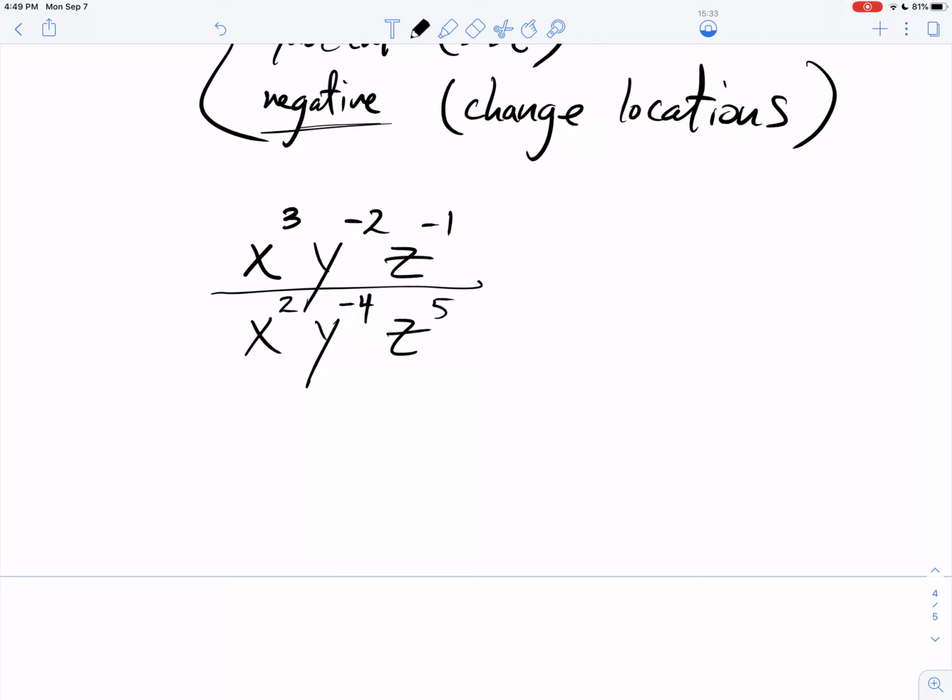Well, this guy has negative exponents in it. So here's the thing with that. Negative exponents are location changers. Think of any fraction. It's either in a numerator or it's in a denominator.